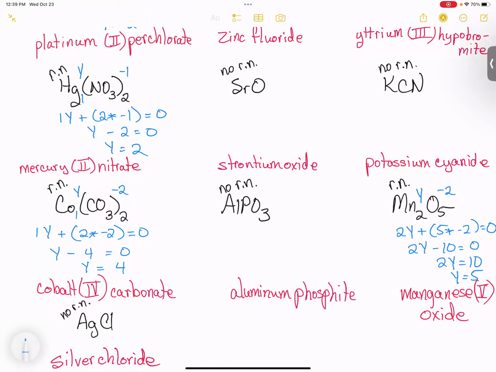I'm always doing the same process if I need to know the Roman numeral. The hard part in knowing the Roman numeral, though, is knowing your polyatomics and knowing your charges on your anions.